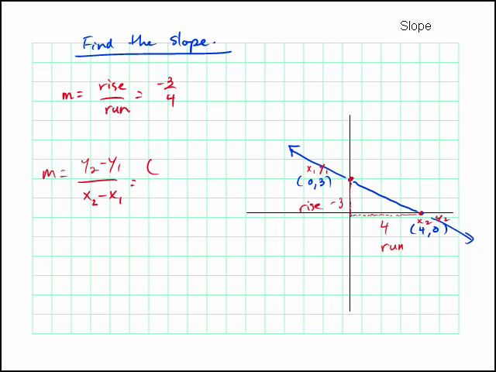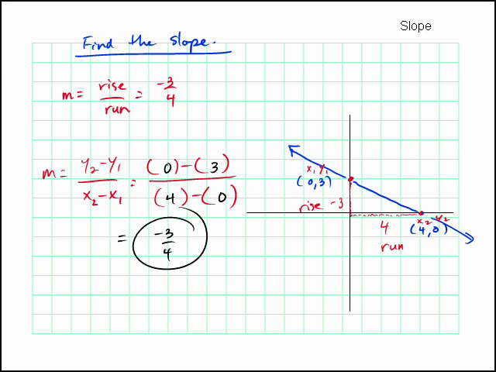So if I plug in the numbers in the correct place, I would end up with, let's see here, this is 0 minus 3. This is a 4 minus 0, and that is going to simplify to -3/4, which is the same slope that we got up there. Okay, so that's how we use the slope formula.